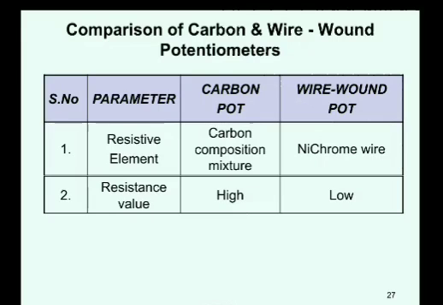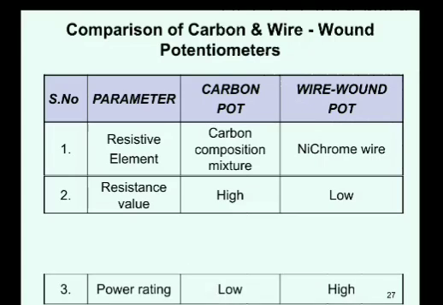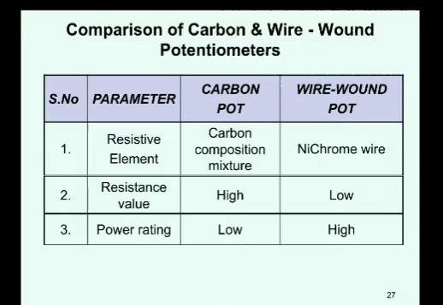Next is the resistance value. As we have discussed earlier also, the carbon type of pot is available with high resistance values also, whereas in wire wound potentiometers we have a limitation, so that is low. The power rating of the carbon potentiometers is very low.